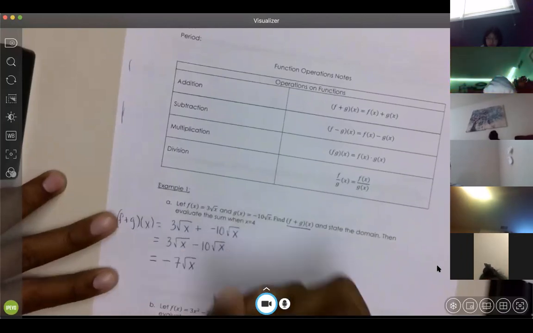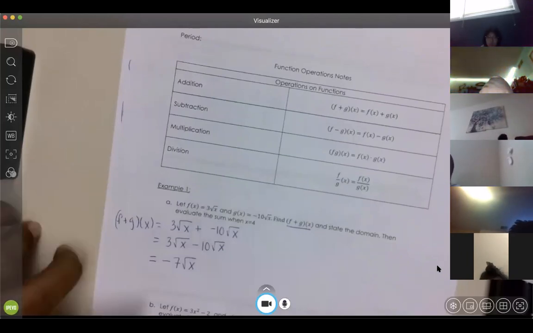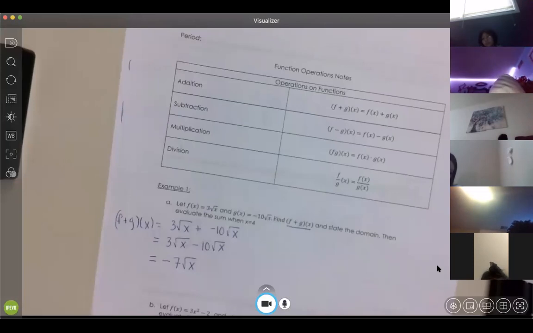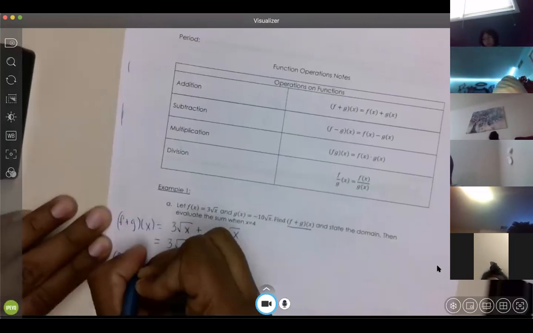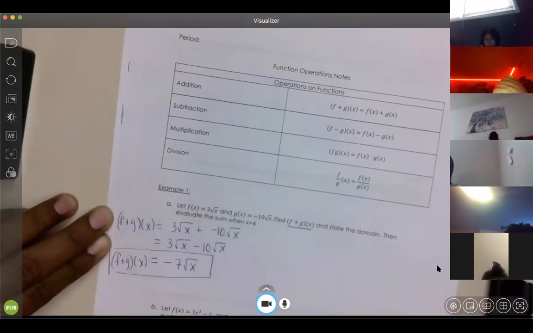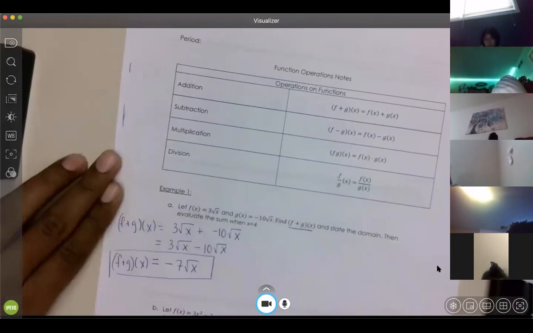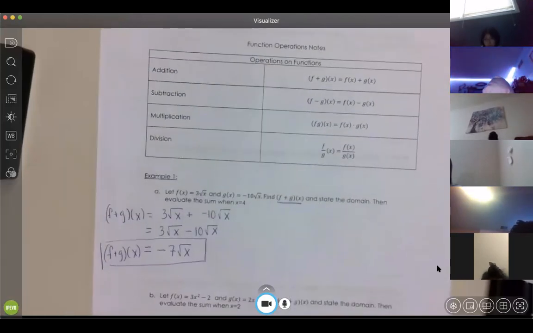Regardless of what radical you have, if it's a square root, a cubed root, or a fourth root, keep the radical, just combine the coefficients. So f plus g of x is equal to negative 7 square root of x. Any questions on how we added those together?